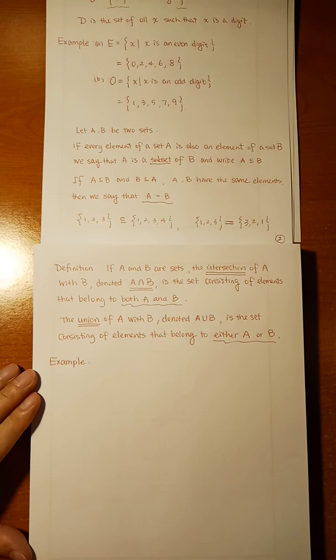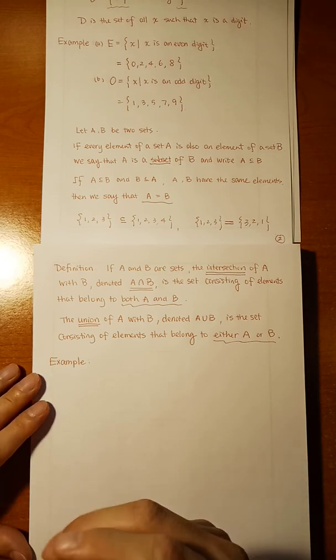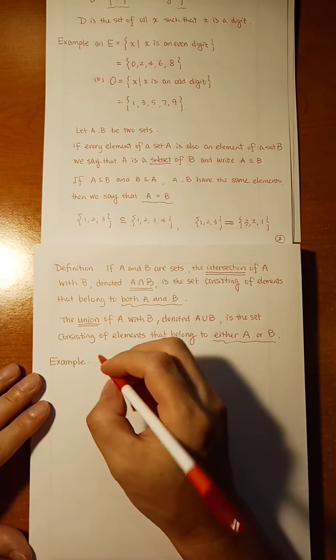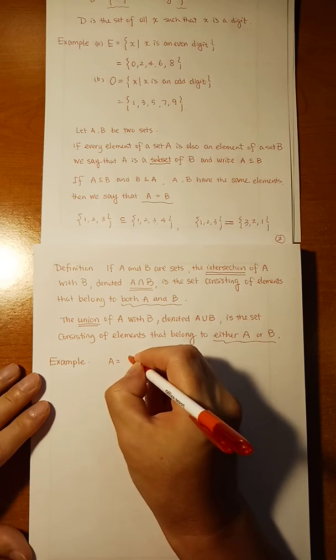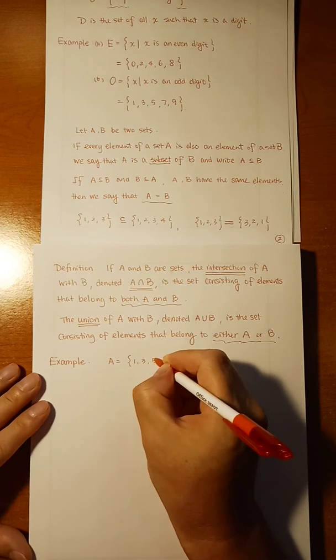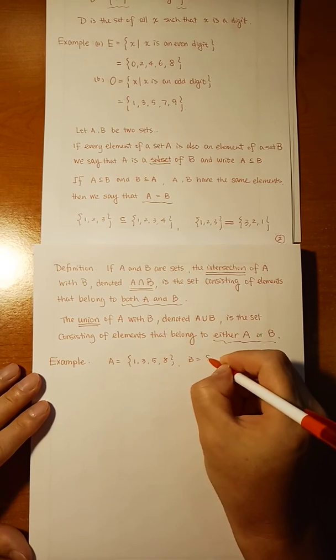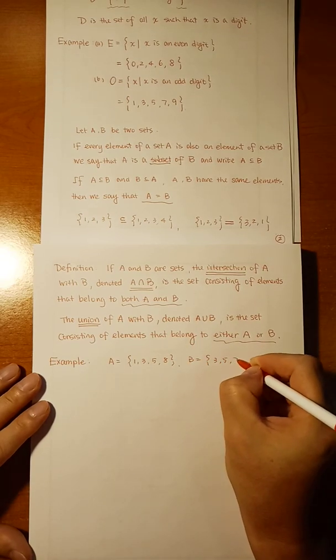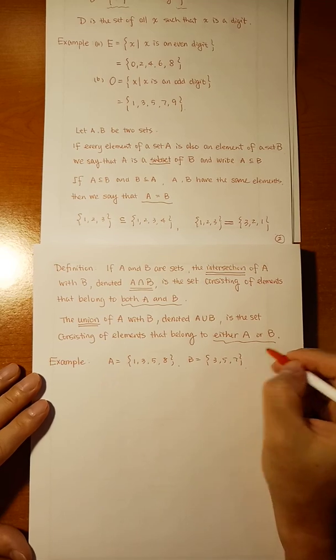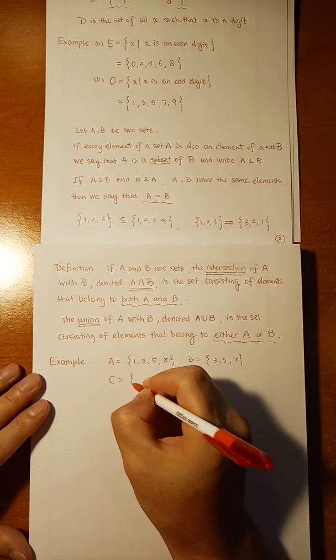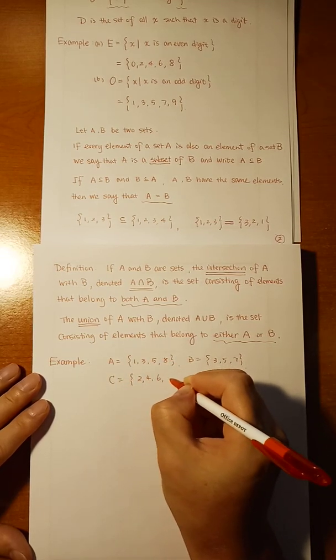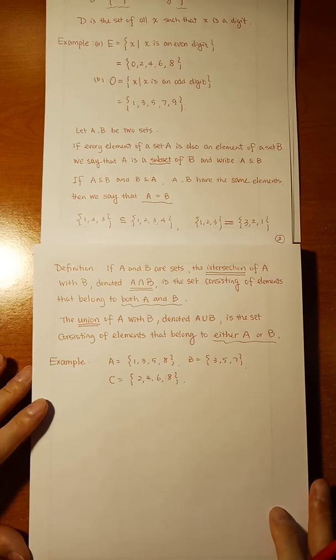So let's see, we have two sets, or more than two sets, with three sets. A is 1, 3, 5, 8. B is 3, 5, 7. C is 2, 4, 6, and 8.